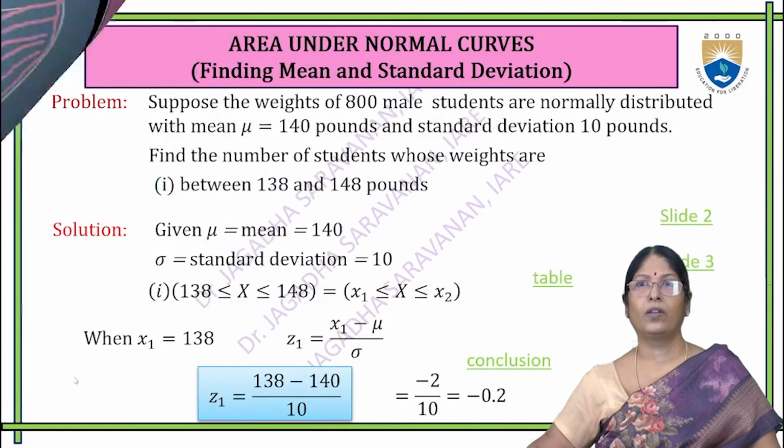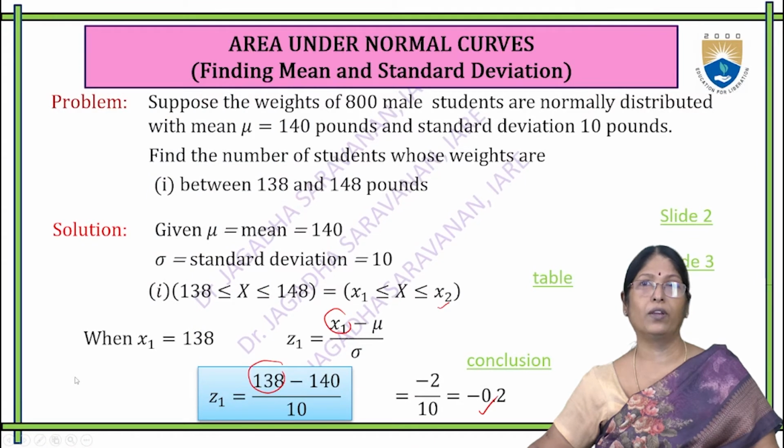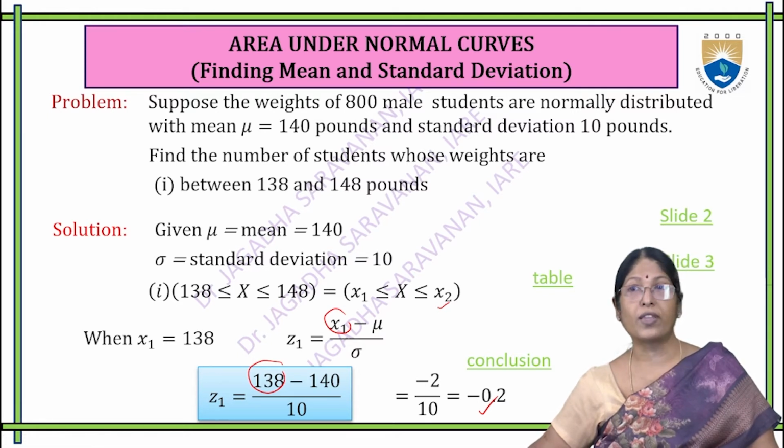Now, here we can see the question very clearly: suppose the weights of 800 male students are normally distributed.